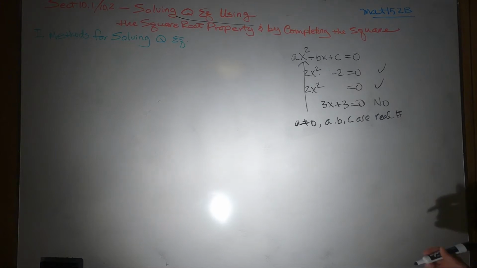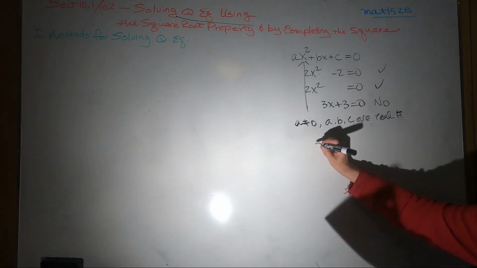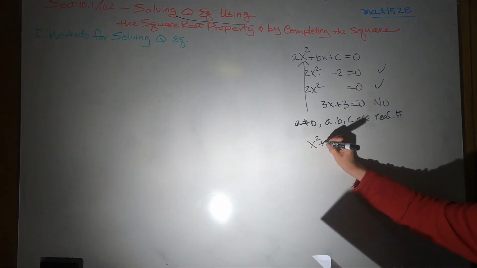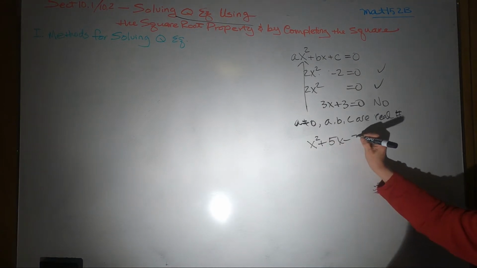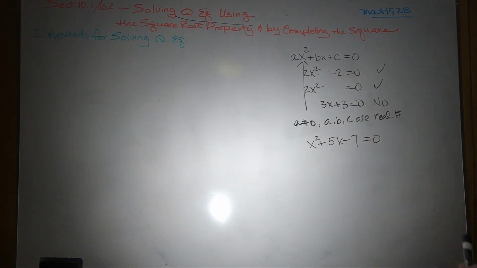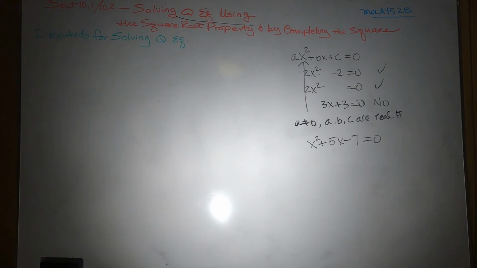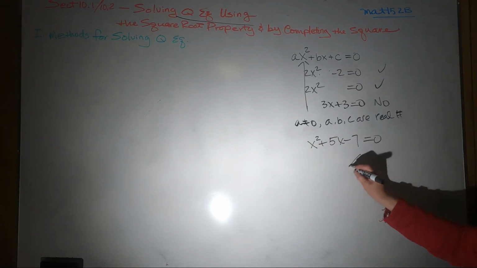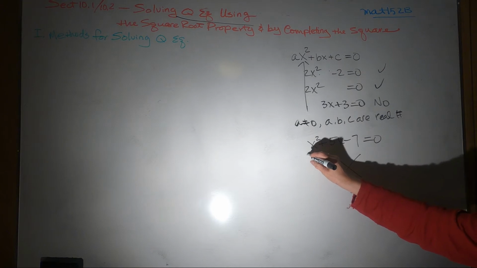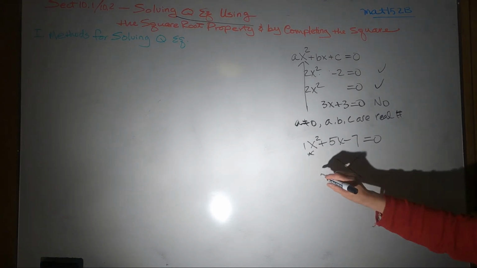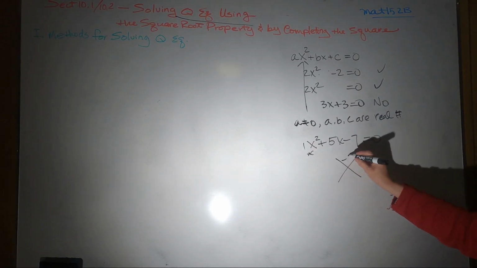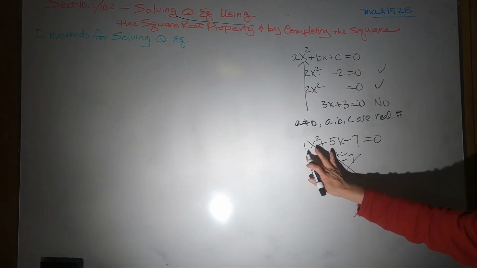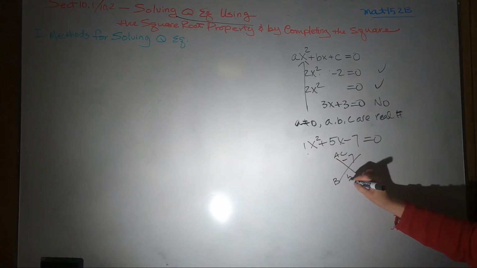Then we learned how to solve a quadratic equation like before if we have this one. How many terms do we have? 3, a trinomial. So for a trinomial, usually we use which method? The AC method. So your A is 1, C is -7, that's your AC. B is 5.